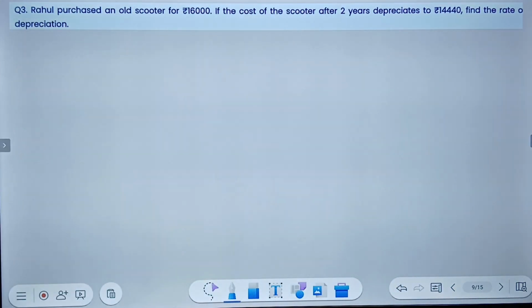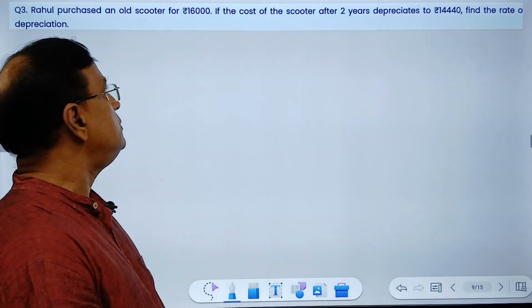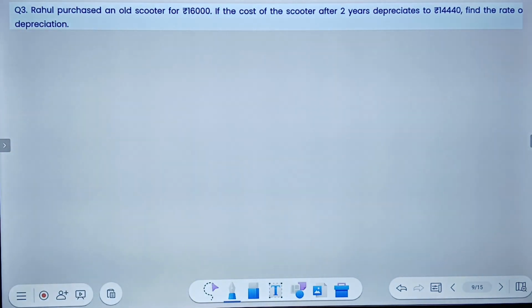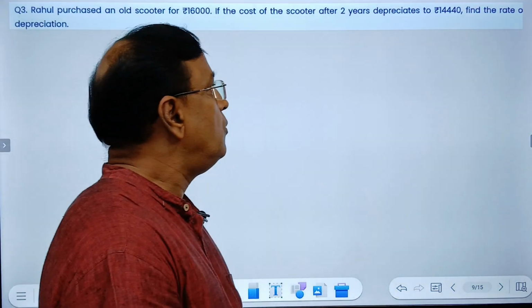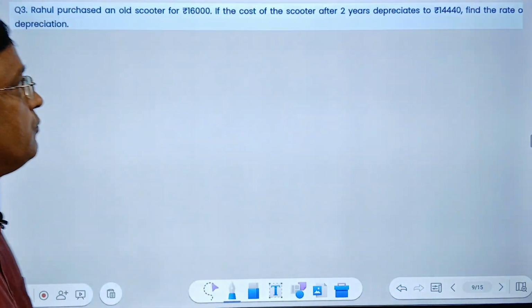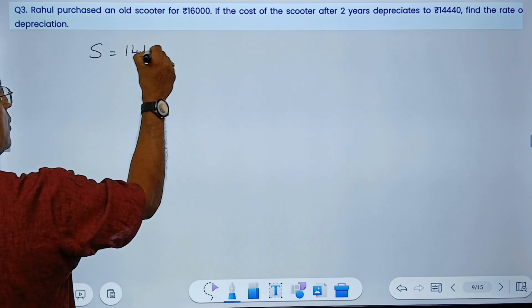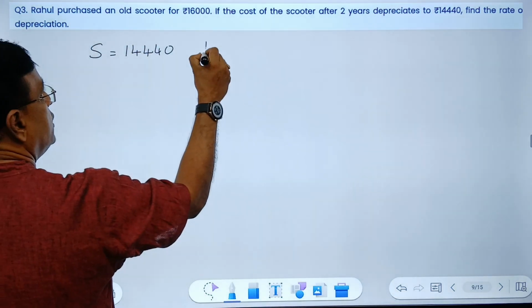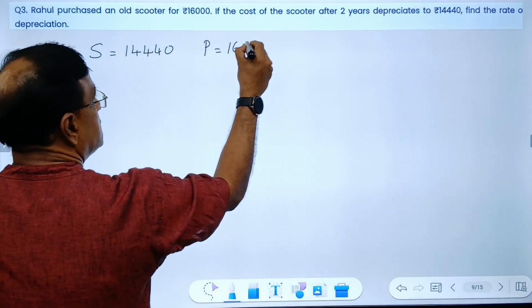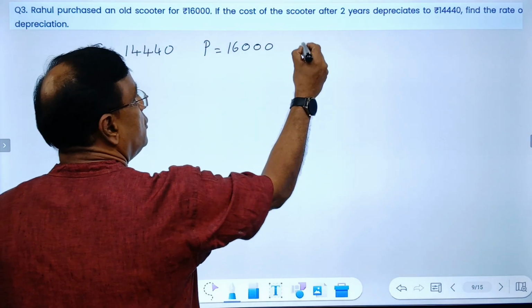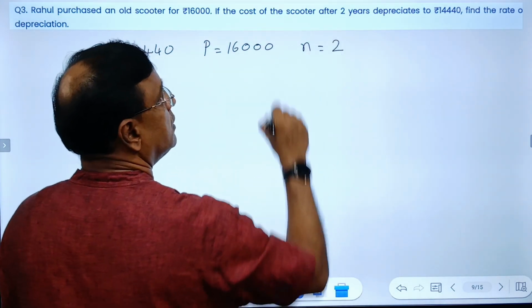Now, Rahul purchased a scooter for 16,000. If the cost of the scooter after 2 years is 14,440, that is, the final value is given, and your initial value is 16,000 and the useful life is 2 years.